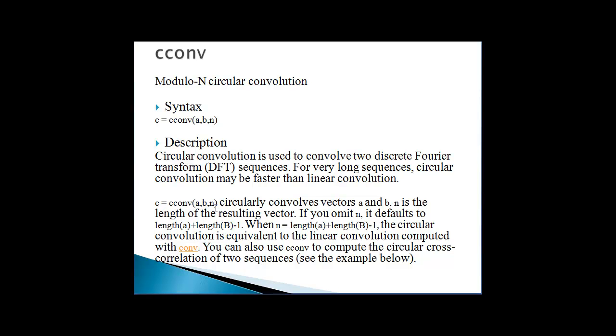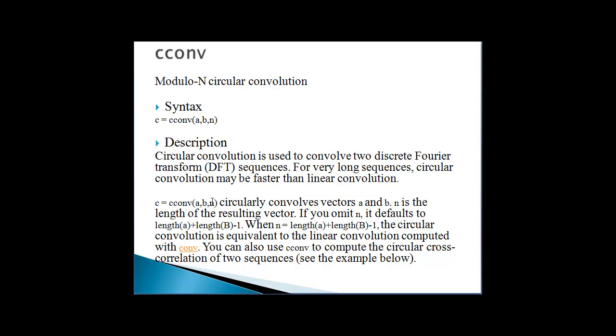For example, c = cconv(a, b, n) circularly convolves the vectors a and b, and n is the length of the resulting vector.